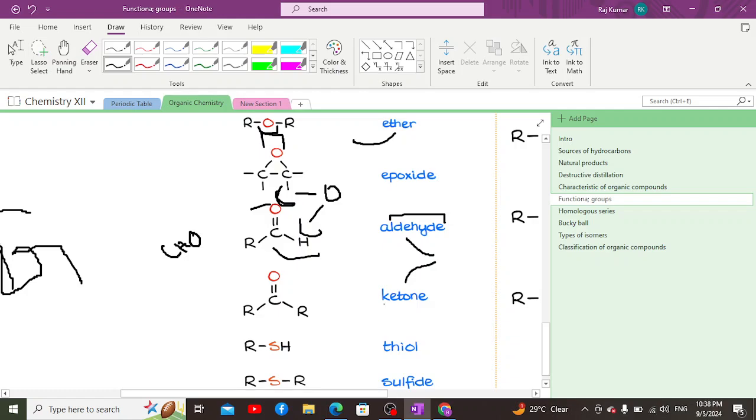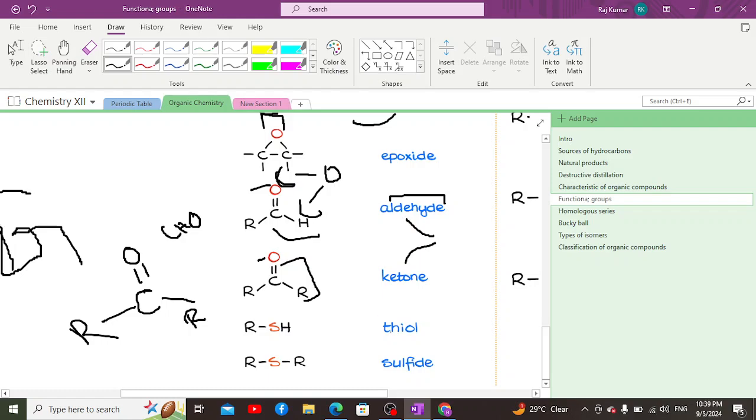It is basically the name of the compound, and the group is known as the carbonyl group. In the carbonyl group, we have carbon, there is oxygen on one side, and on the other side we have two alkyl radicals.